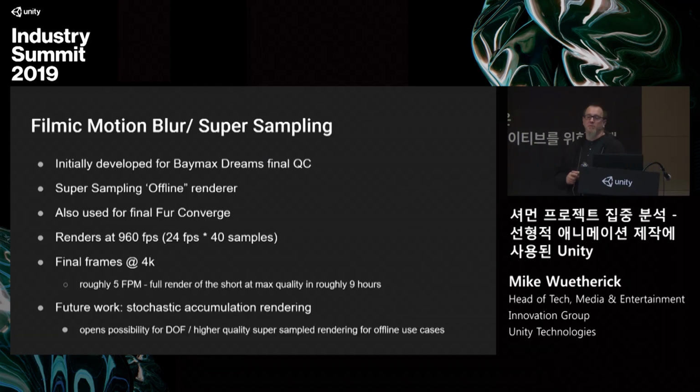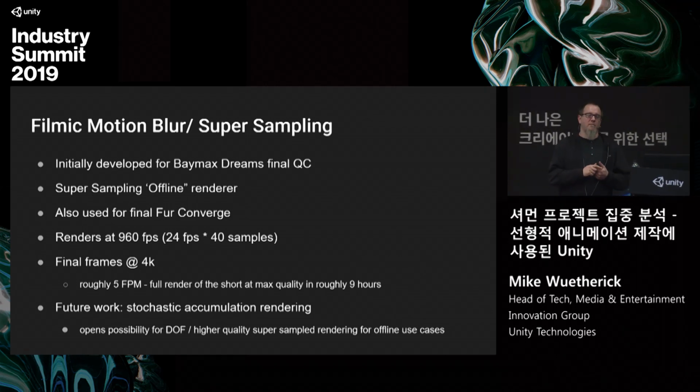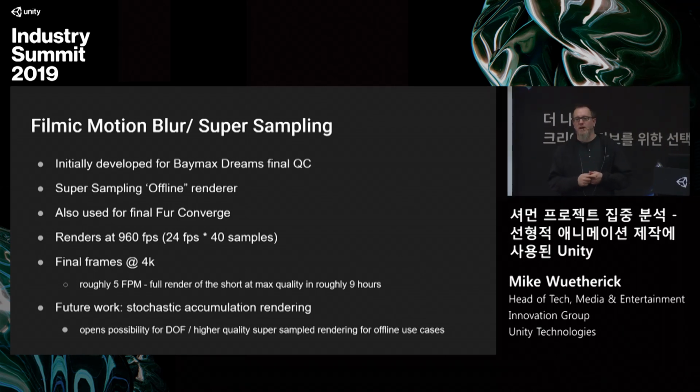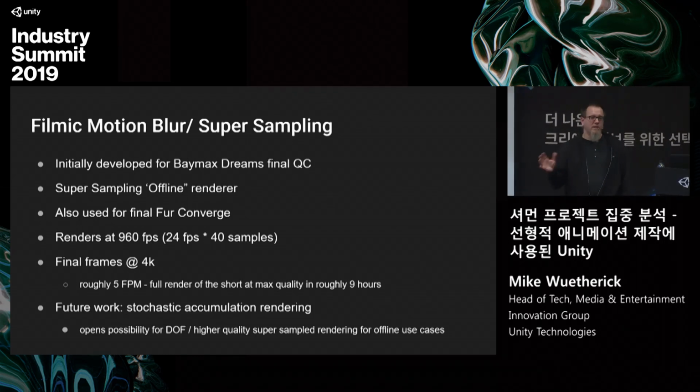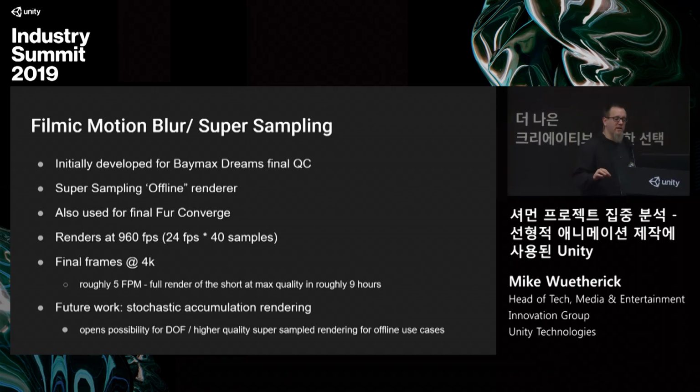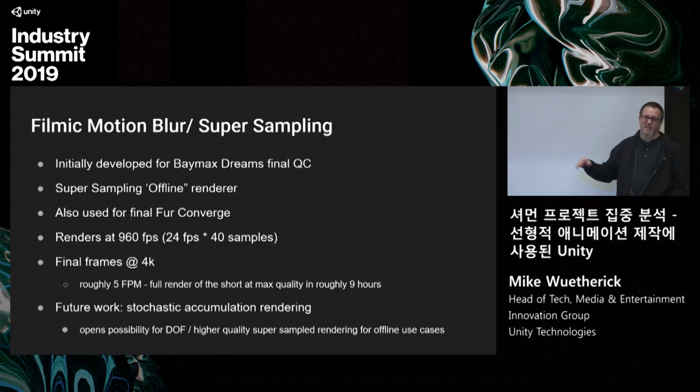The other technique that we developed, which is custom and allows for really advanced motion blur and anti-aliasing, is a super sampling system that we created originally for Baymax. And this is kind of the equivalent of an offline renderer for Unity. We're actually rendering at 960 frames a second.